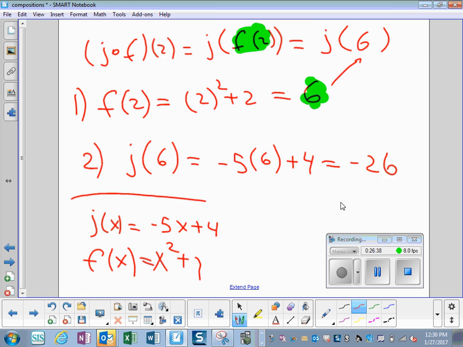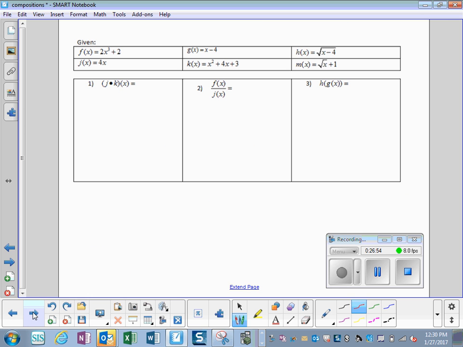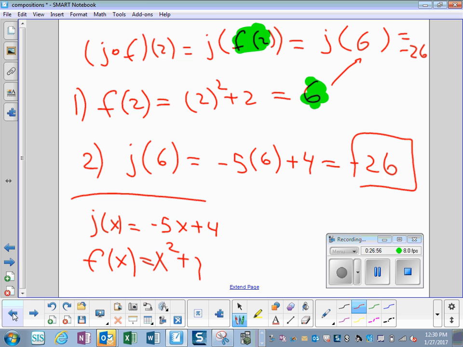That gave me negative 26. Same answer as before. Which way is easier? The first one or the second one? Second, third, same. But use whatever method works for you.